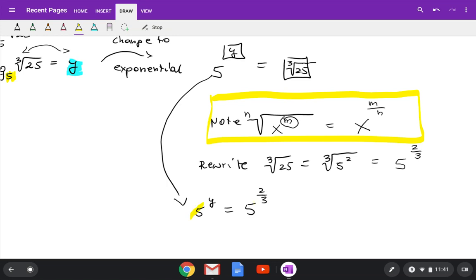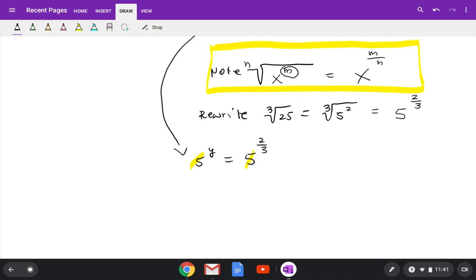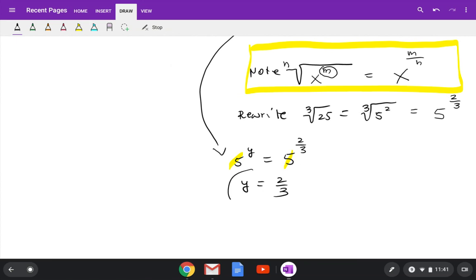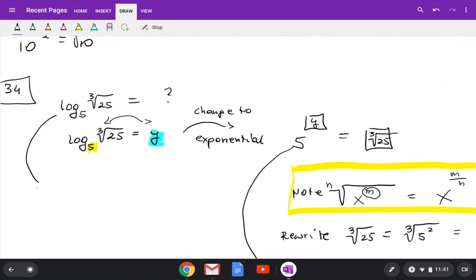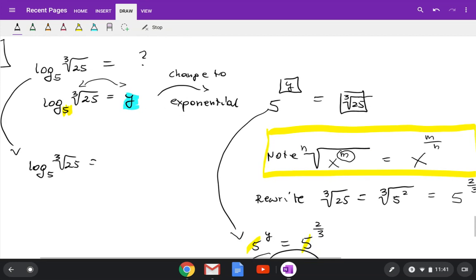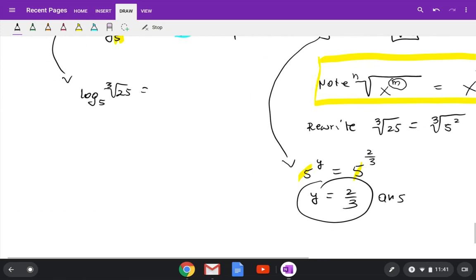You can just ignore the bases, and since those two expressions are equal, the exponents have to be equal. So y is equal to 2 over 3, and that's our answer. So going back here, log base 5 of the cube root of 25 is equal to 2 over 3.